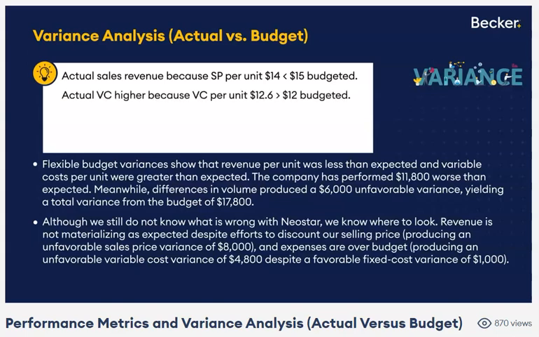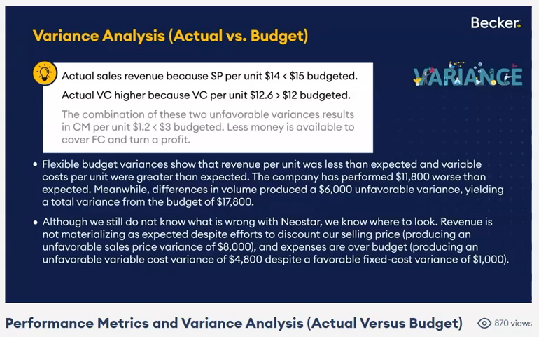Actual variable costs are higher even when you factor out the volume difference, because the variable cost per unit, 12.6, is greater than the budget, 12. So the combination of those 2 unfavorable variances results in a contribution margin per unit of 1.2, well below the budget of 3. That means we have less dollars available to cover our fixed costs.